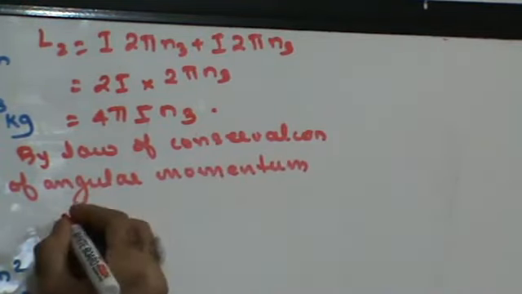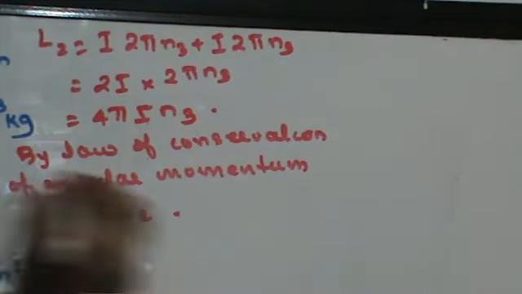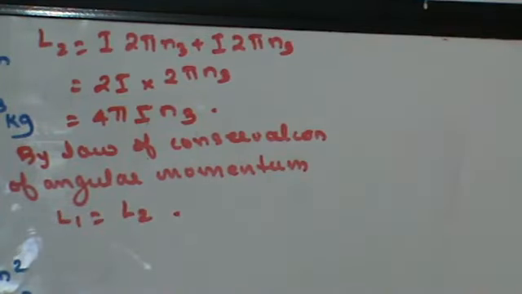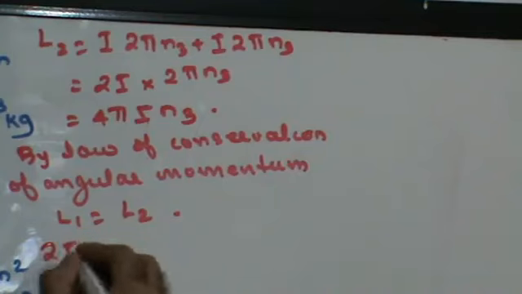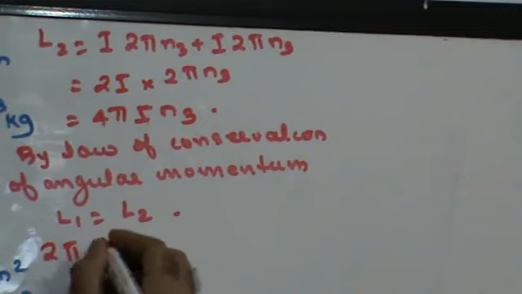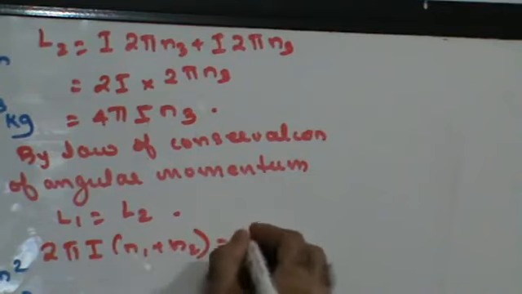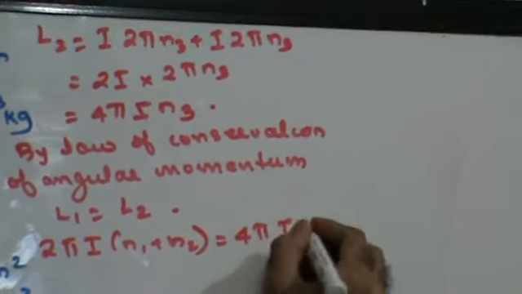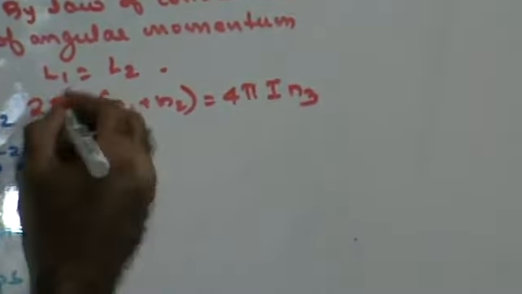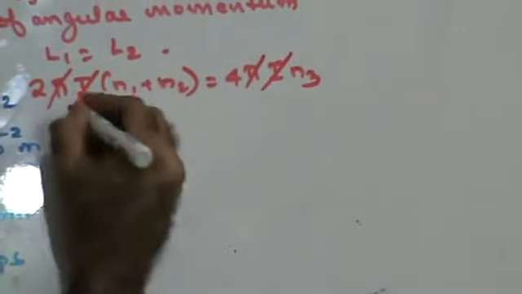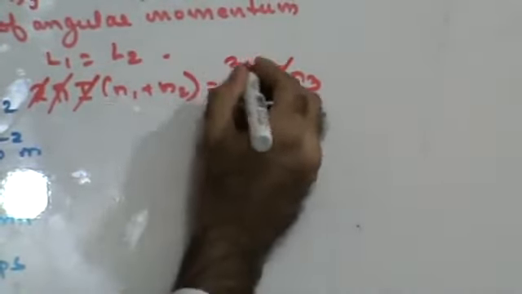Now, by law of conservation of angular momentum, L1 should be equal to L2. That means 2 pi I into n1 plus n2 should be equal to 4 pi I n3. Pi and pi gone, I and I gone, 2 ones are, 2 twos are.